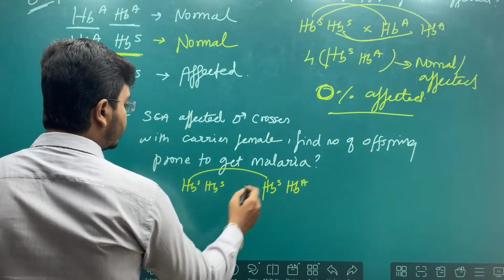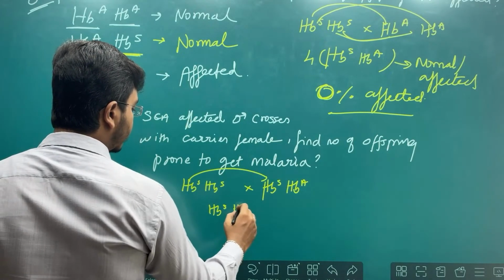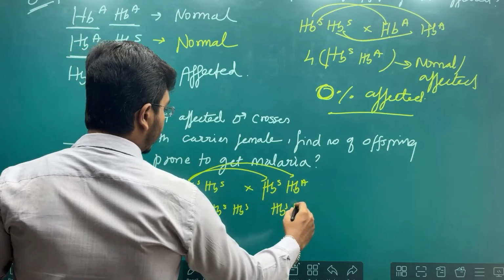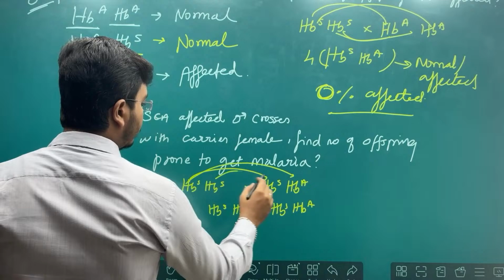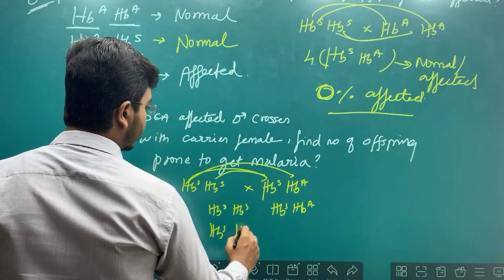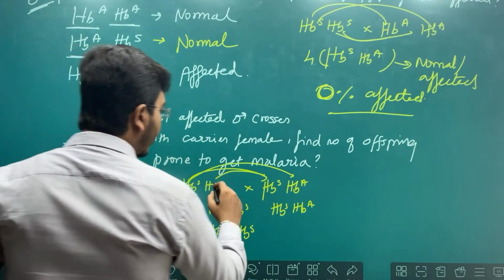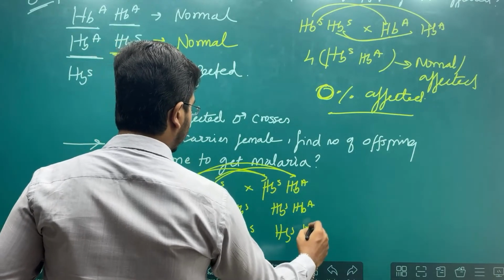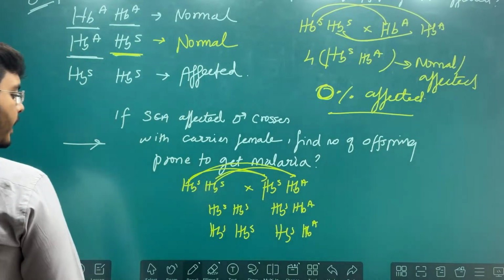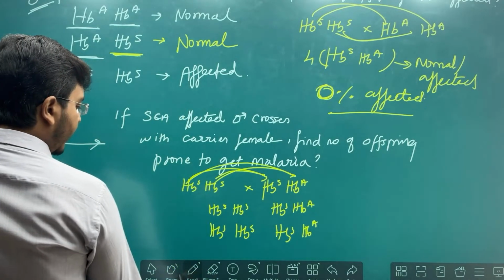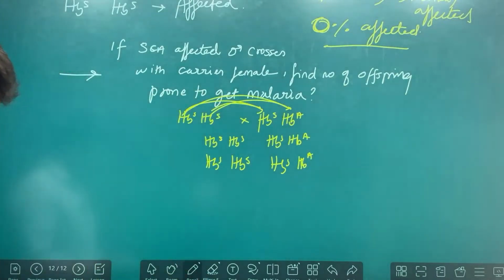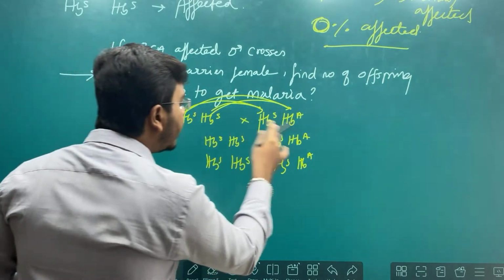The offspring are HbS HbS, HbS HbA, HbS HbA and HbS HbS. Now what they are asking is not whether they are affected by sickle cell anemia or not, they are asking whether they are prone to get malaria or not.